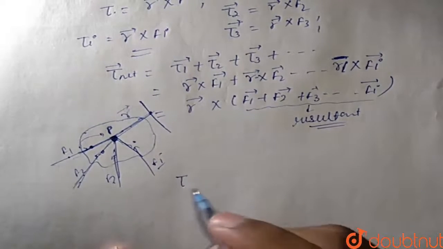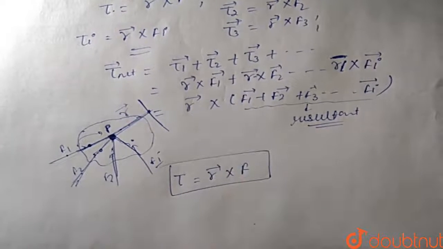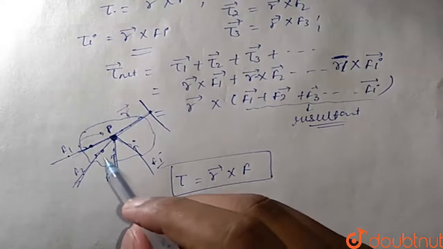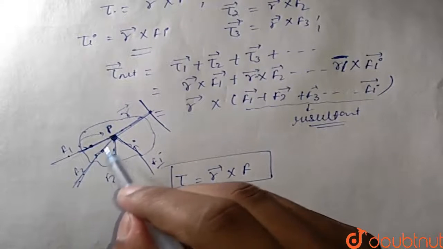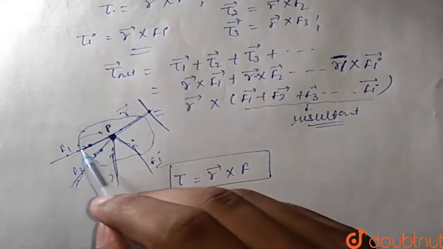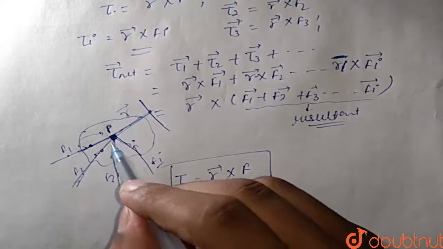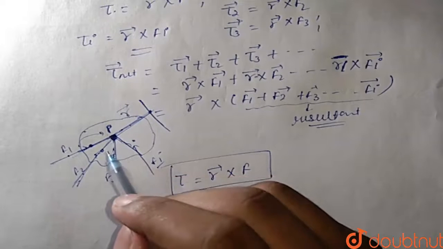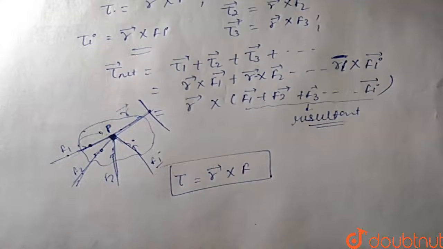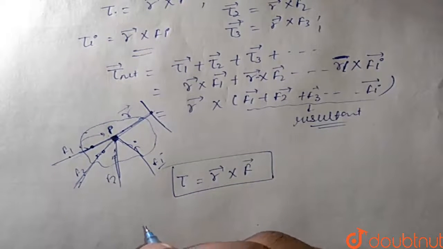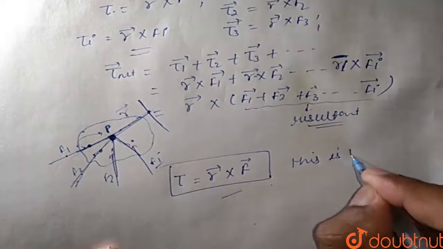And we can find the torque as R cross F. So if the lines of force of all the forces are meeting at the same point, then we can shift these lines of force till point P, and we can assume that all the forces are acting on the same point P, and we can find the torque at the point P, tau equals R cross F. So we can say that this is valid.